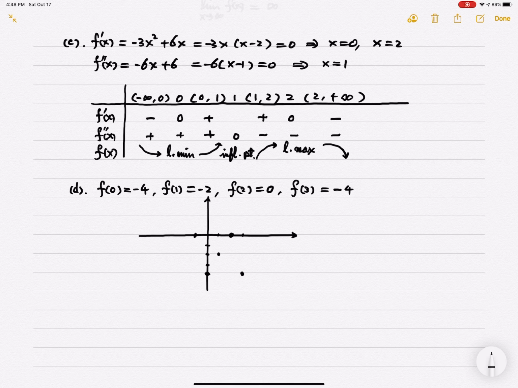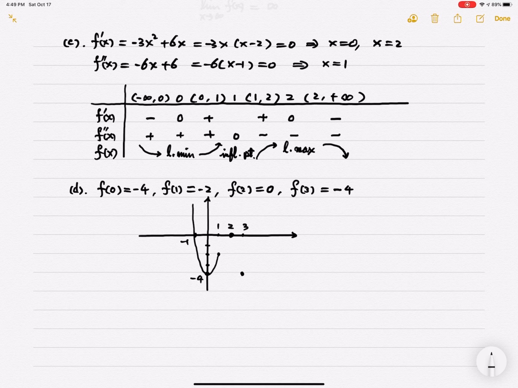Then we say, first of all, from negative infinity to 0 is decreasing concave up. Okay, and so this is negative 1, positive 1, positive 2, positive 3. So here we're going to say this is negative 4. Now from 0 to 2, from 0 to 1 is increasing concave up.